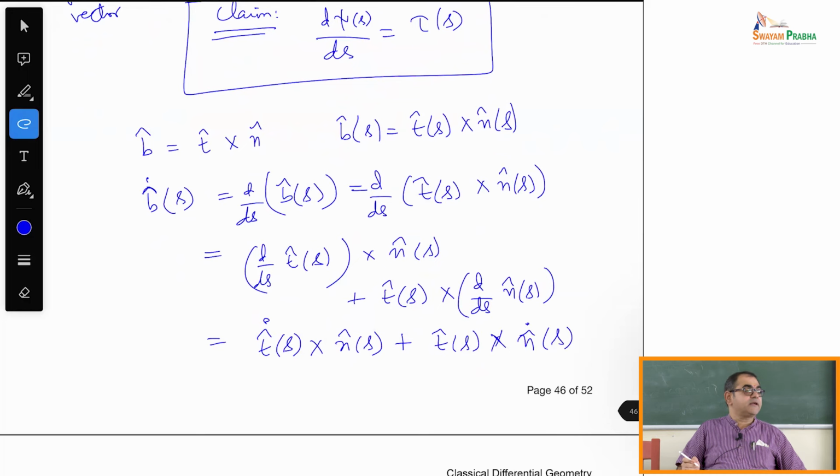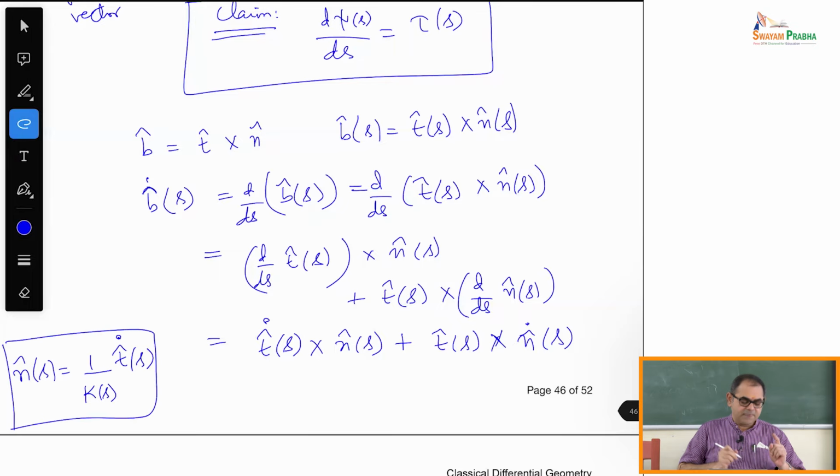Mind you, this dot here is d by ds. But how has n hat of s been defined? Following the plane curve case, n hat of s is 1 by k of s times t hat dot of s. This is how you define the principal normal.